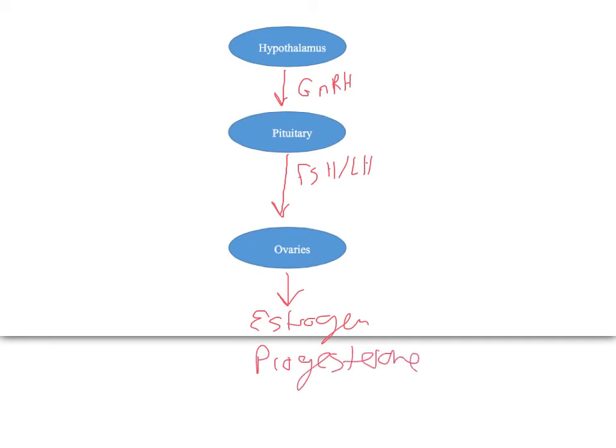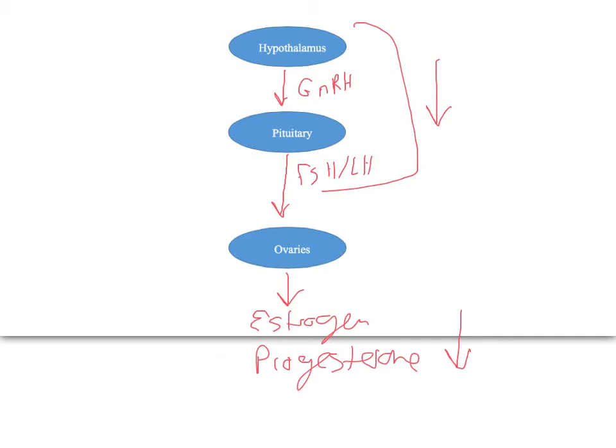Now, whenever there's a problem up here and you're not secreting enough of any of these hormones, then you're not going to get the action on the ovary, and it's going to cause hypogonadism. So up here I have my gonadotropes.